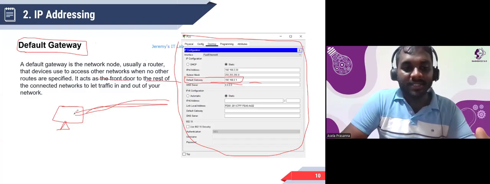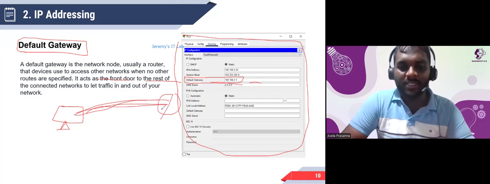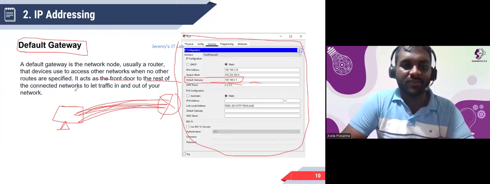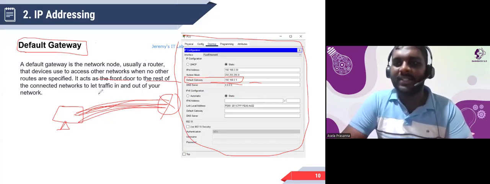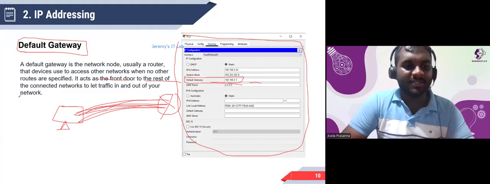That means the computer does not know where to go, so it will search for the default gateway. There will be a router, and this computer will always go to this router for communication. It acts as the front door to the rest of the connected network. I don't think you will understand it fully here, but when you go through the lab or the practicals, I will explain it.